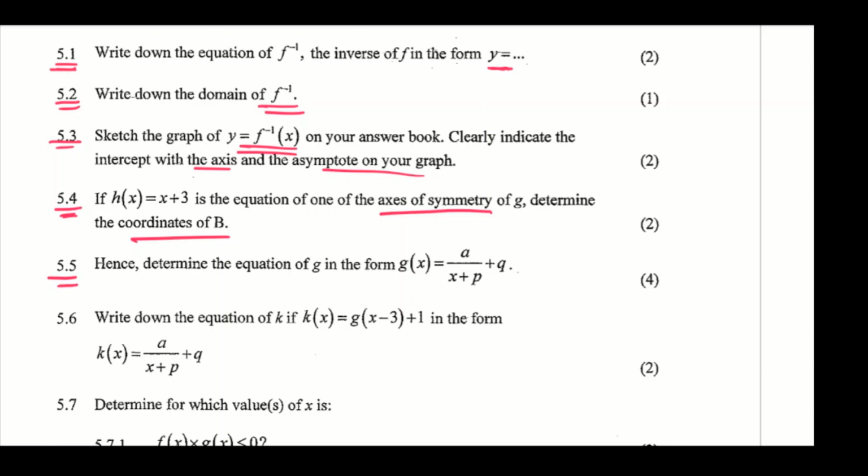Now 5.5, we are asked to determine the equation of g. Remember now we have our intercept of asymptotes being minus 2 and 1. So it's going to be easier now to find our value of g. So our g of x being equal to a over x plus p plus q, and our value of b, which is the intercept of our asymptotes, minus 2 and 1.